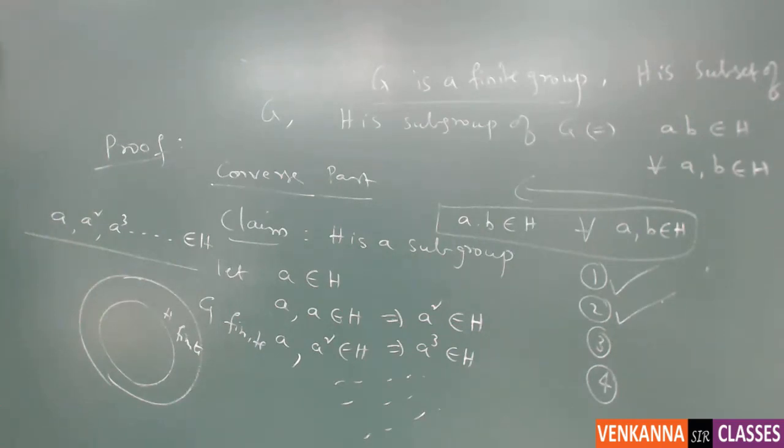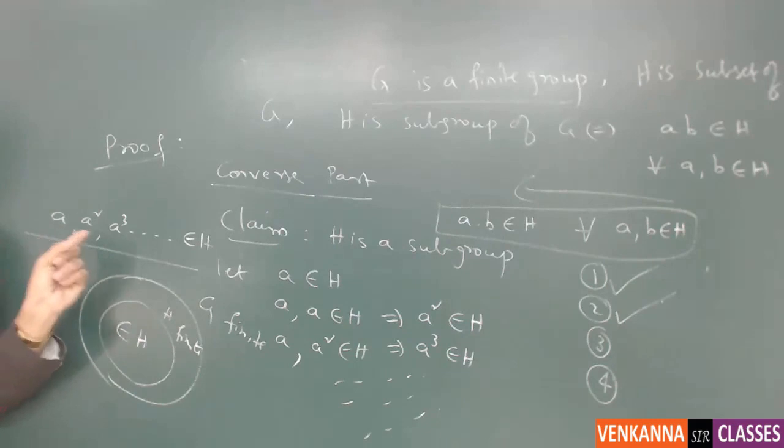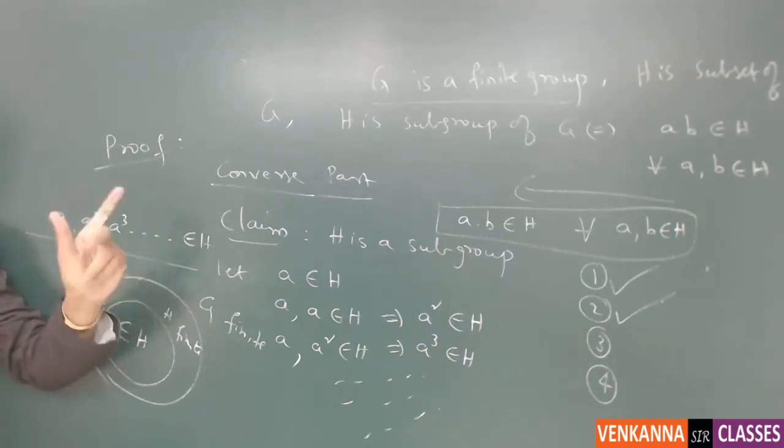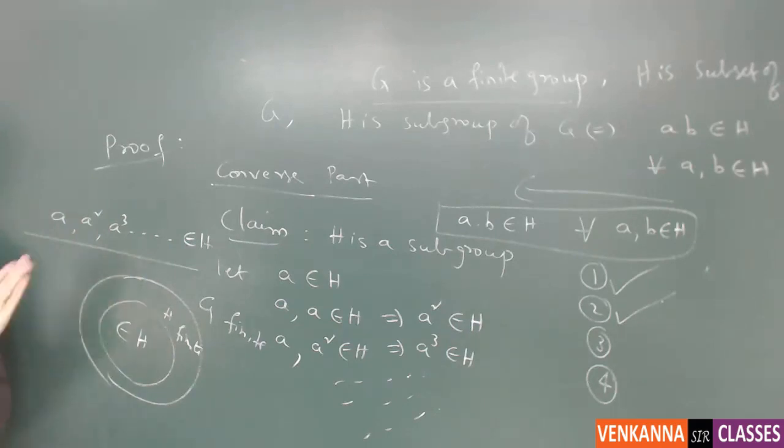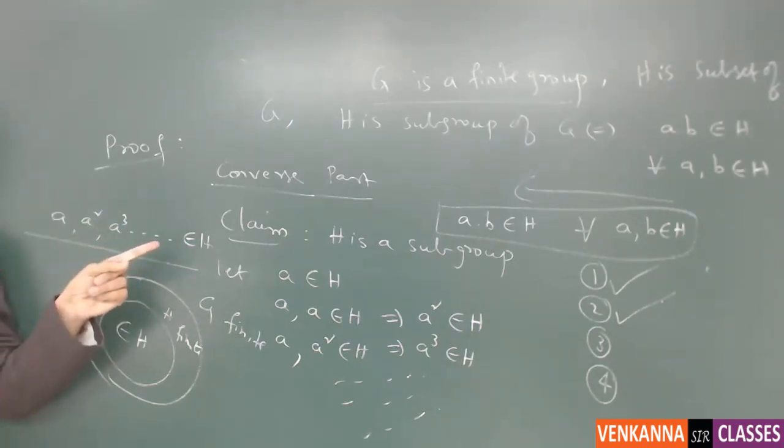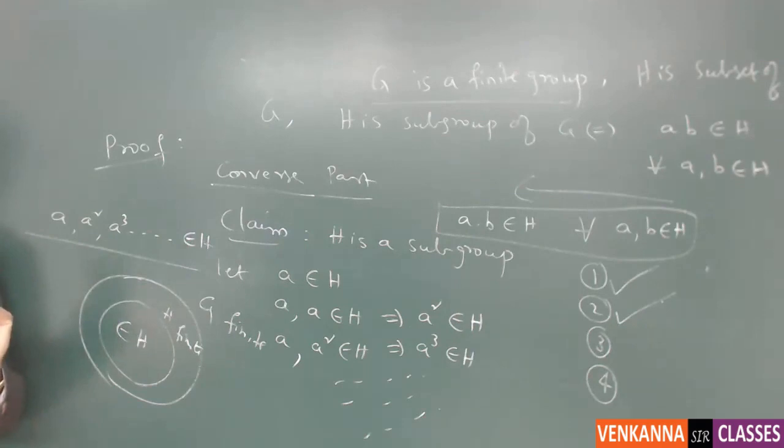As per the given condition, all these values must belong to H. How is it possible? Because while raising the powers, some elements will get repeated. Agree? Otherwise, we cannot say that all these elements will belong to H. Yes or no?